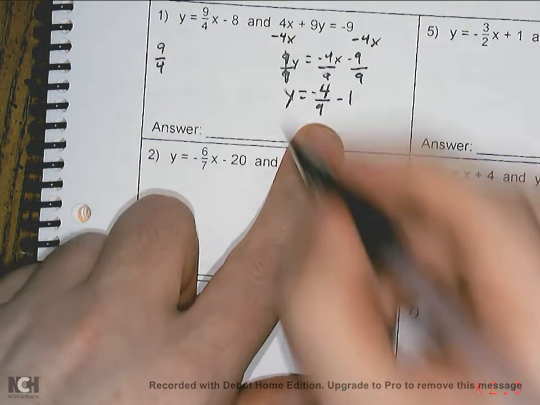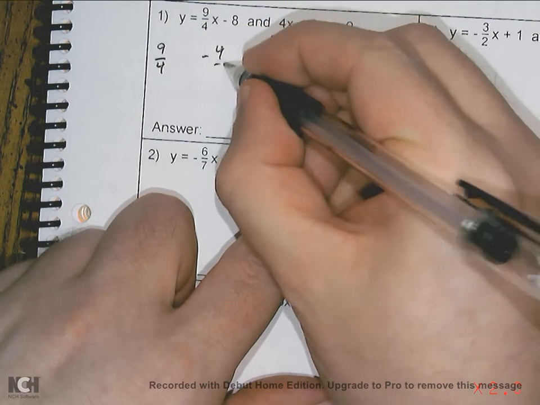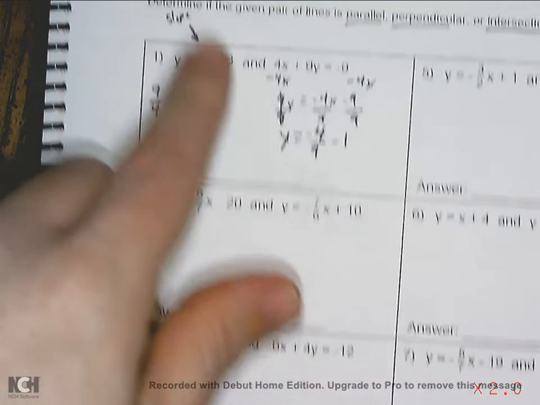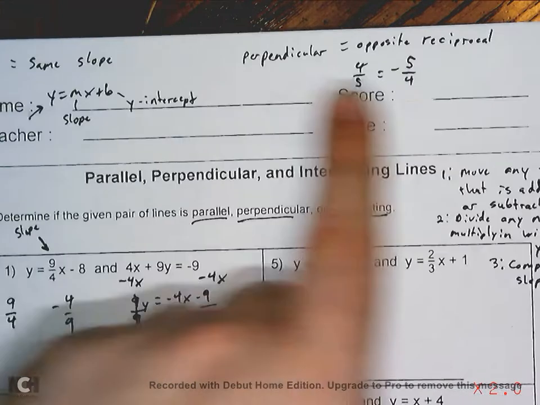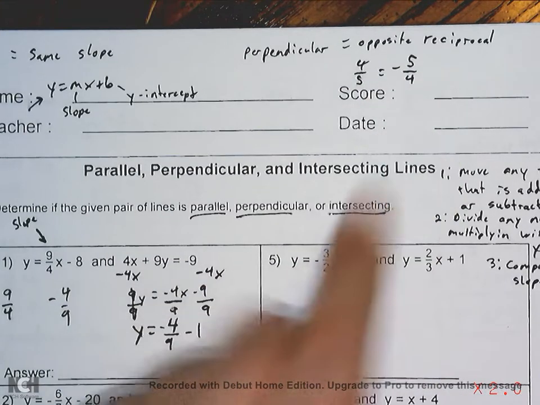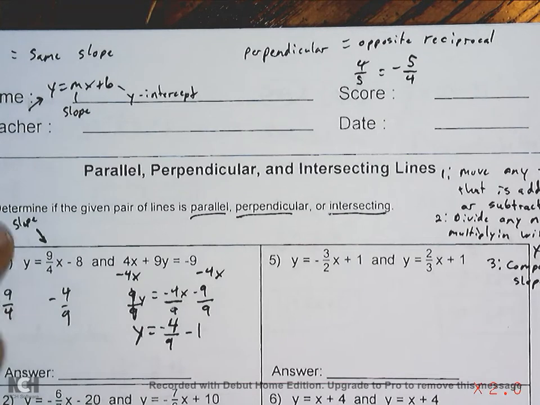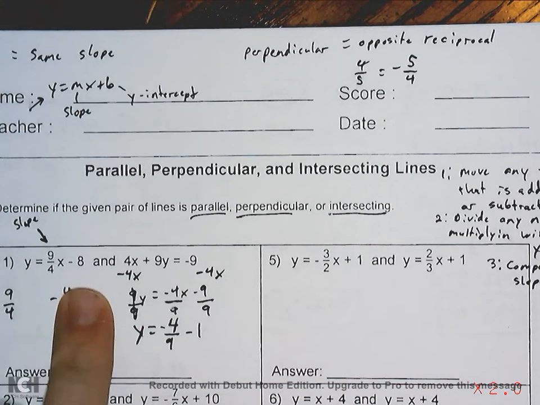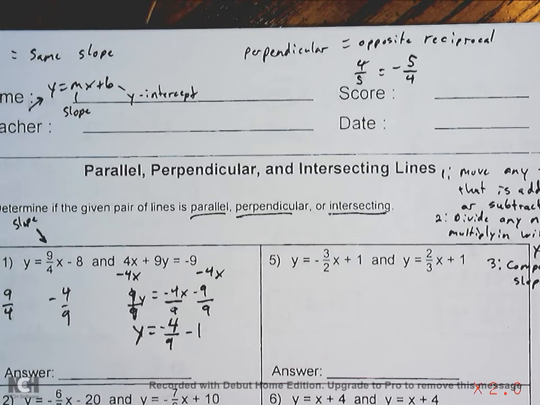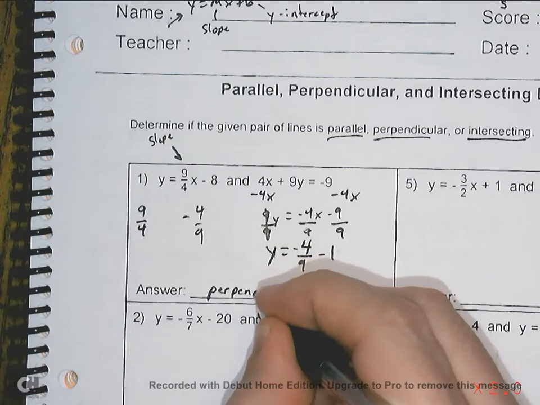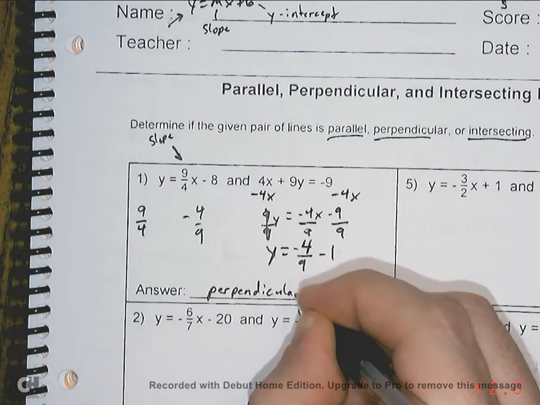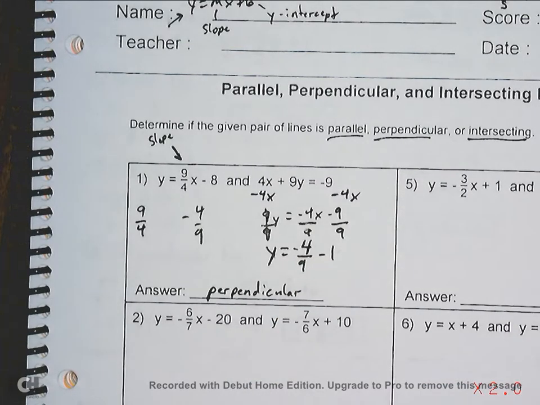This new slope is -4 over 9. Is that the same slope? Nope, so it's not parallel. Is it the opposite reciprocal? The fraction flipped and changed signs, right? So the answer here would be perpendicular. These are perpendicular lines. Okay? Not too bad, right?